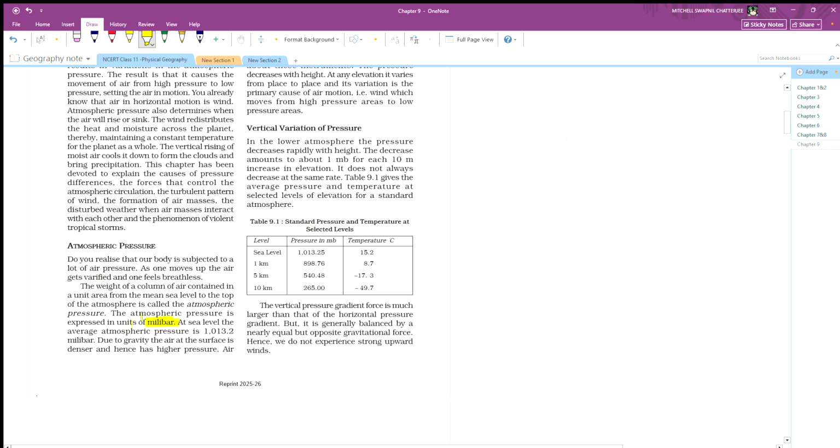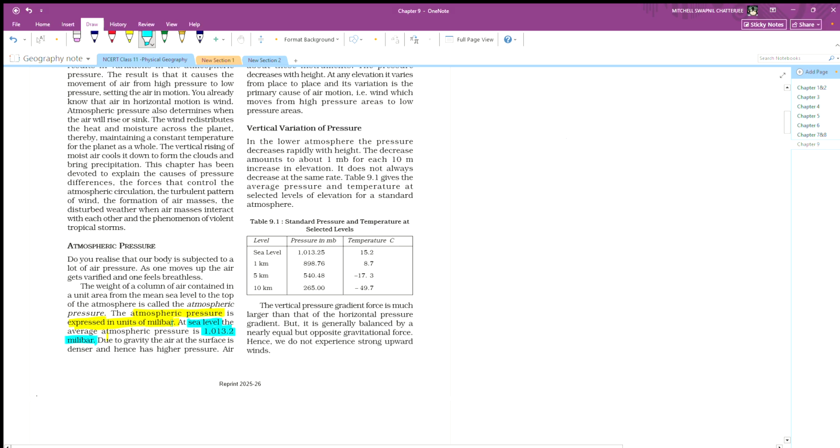At sea level, let's mark this, this is sea level, the average atmospheric pressure is 1013.2 millibars. Due to gravity, the air at the surface is denser.